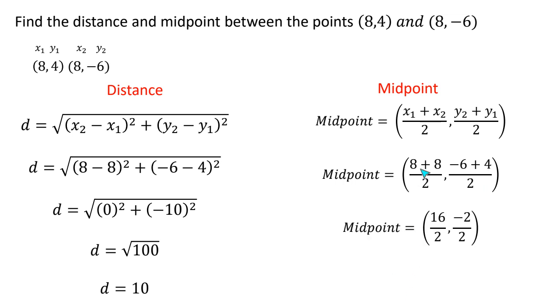So if we simplify, we get 8 plus 8 is 16, divided by 2, and -6 plus 4 is -2. And we simplify some more. 16 divided by 2 is 8, and -2 divided by 2 is -1. So halfway between this point and this point, you would land on (8, -1).